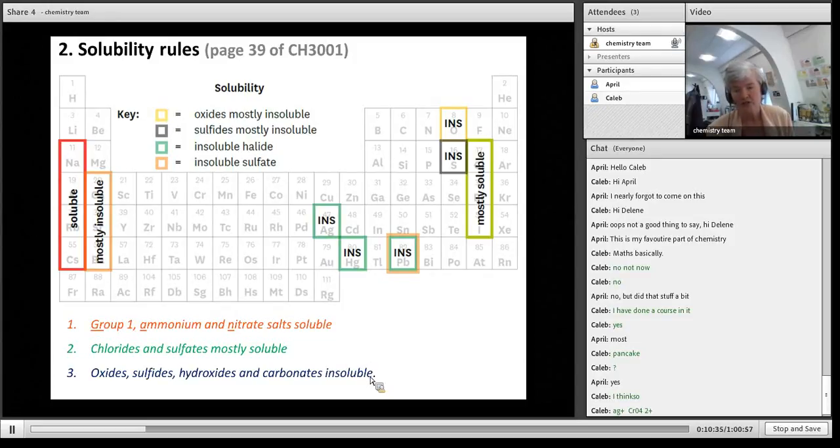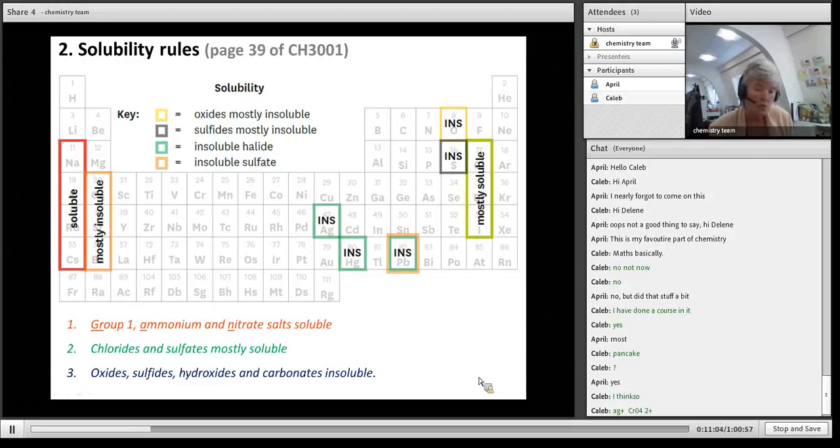Can you imagine if I've got twice as much attraction in my lattice, it's going to be harder for the water molecules to drag me out. So aluminium salts, for instance, are insoluble because aluminium is a small ion with a positive charge of +3. It's very hard to remove aluminium ions from a lattice, so aluminium salts are pretty much insoluble.